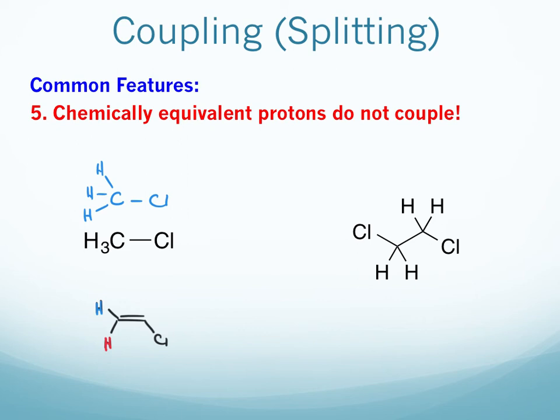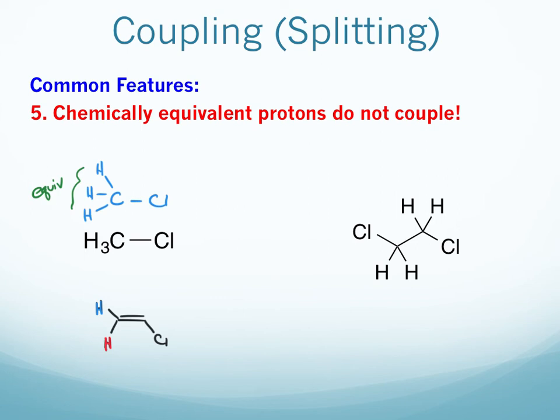Those are all chemically equivalent. So they do not couple with one another. They'll only couple with distinct neighbors. So for that reason, those all just, in this case, show up as a singlet. So that's pretty easy to rationalize because that's what we've been essentially doing through all of these examples. If they're equivalent, we don't consider them for coupling.